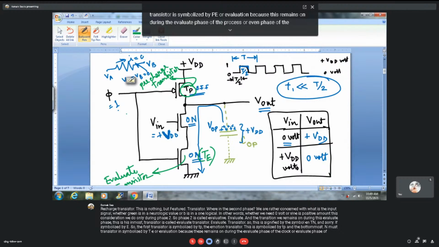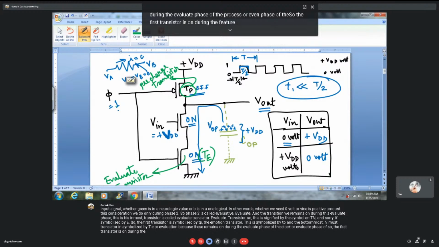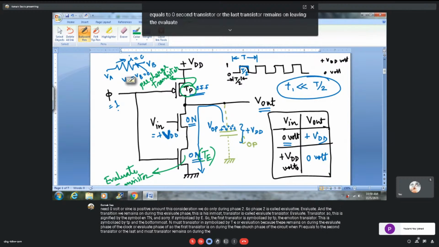So the first transistor is on during the pre-charge phase of the circuit when phi equals 0. And the last NMOS transistor remains on during the evaluate phase of the circuit when phi equals 1.